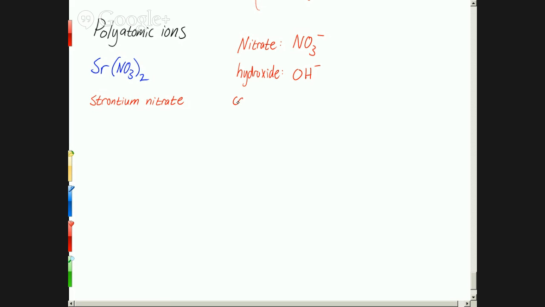We have carbonate, like in your carbonated beverages, which is CO3, and that's a 2- ion. We have bicarbonate, which is a lot like carbonate but with a hydrogen on it, and it's just a 1-.